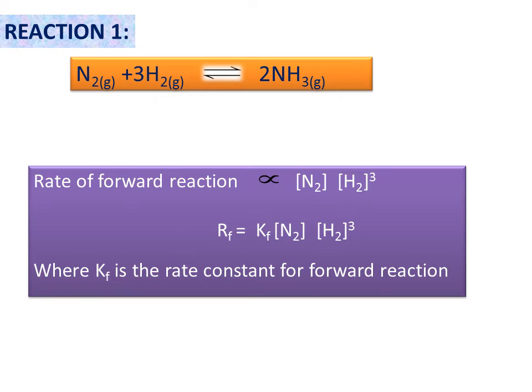Okay, so now RF is equal to Kf, concentration of nitrogen and concentration of hydrogen. Now we replace the proportionality sign with an equal sign, and we put this Kf. This is the constant for the rate of forward reaction, where Kf is the rate constant for forward reaction.